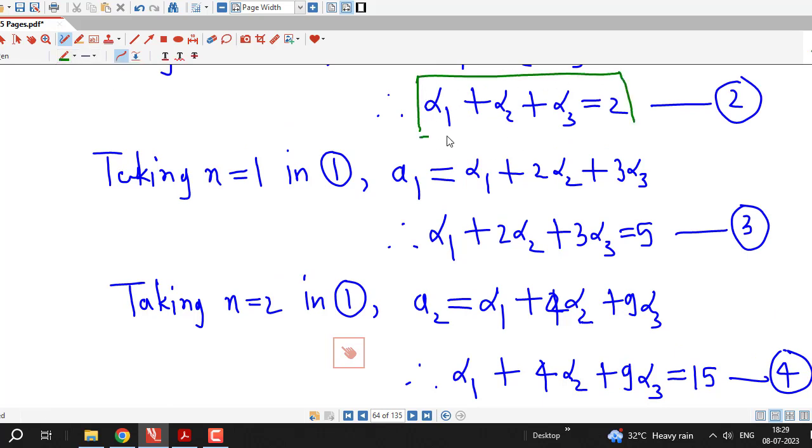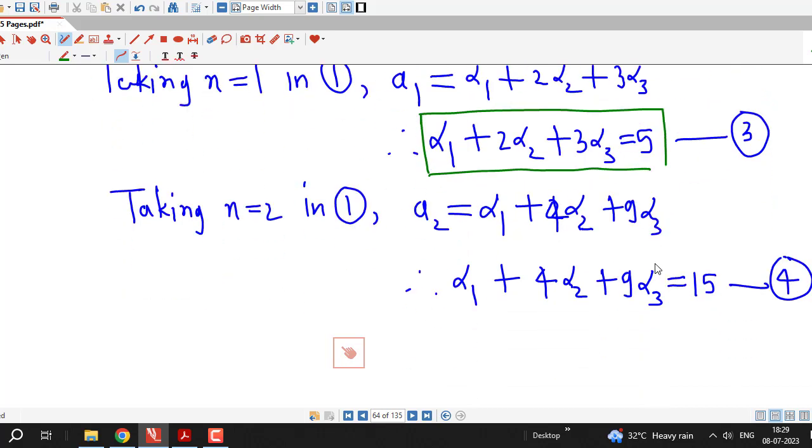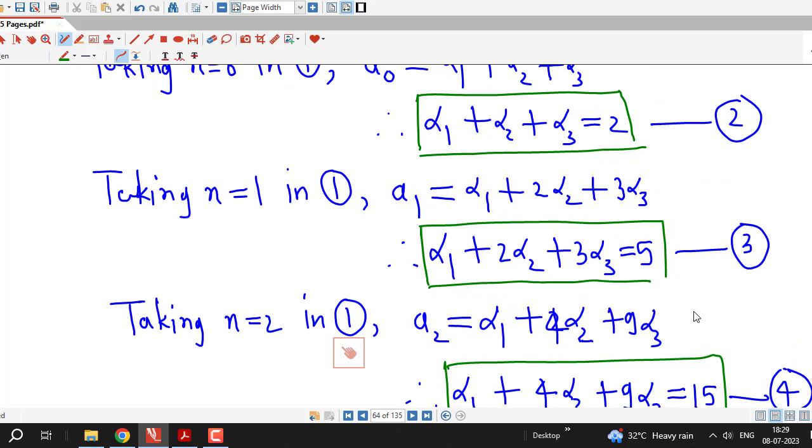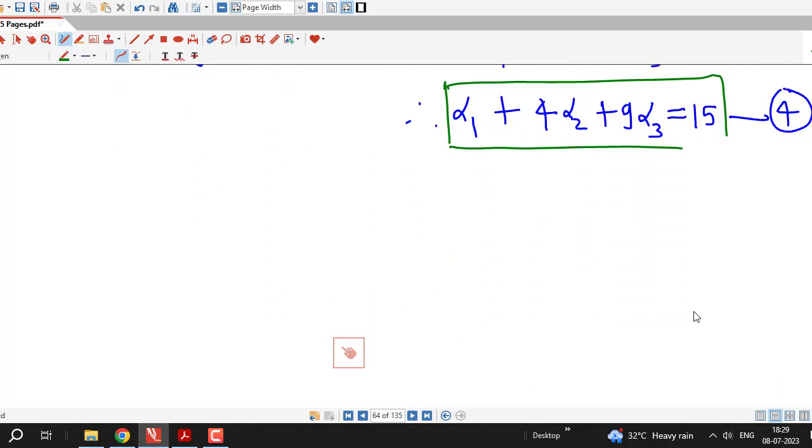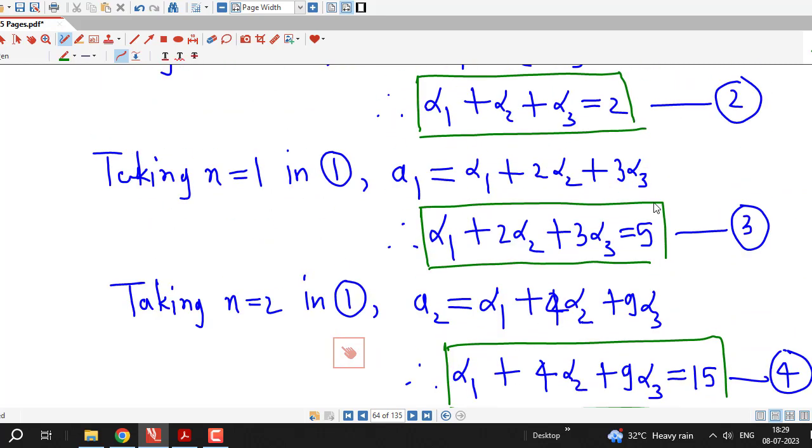Now we have to solve this system of linear equations in alpha 1, alpha 2 and alpha 3. So either we can solve by trial and error, or we can apply Cramer's rule if it is applicable, or we can use Gauss elimination method for solving system of linear equations. So here I am using Gauss elimination method to solve the system of linear equations in 3 variables or real numbers alpha 1, alpha 2 and alpha 3.